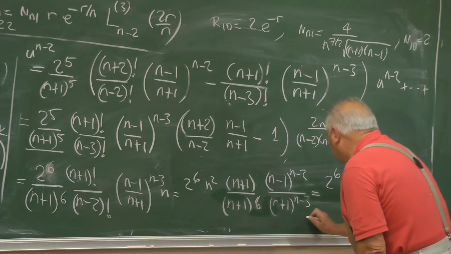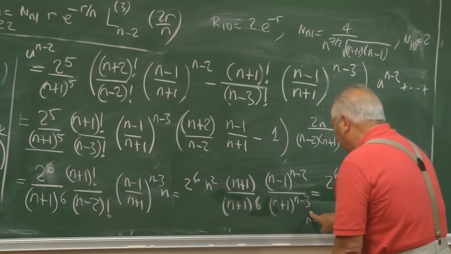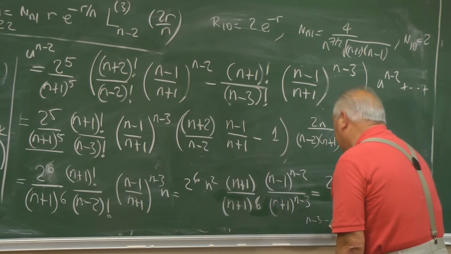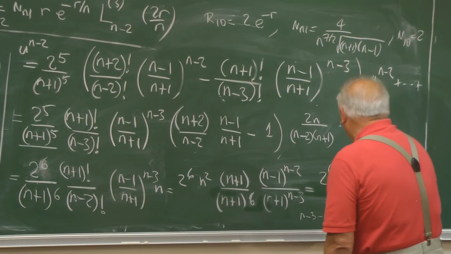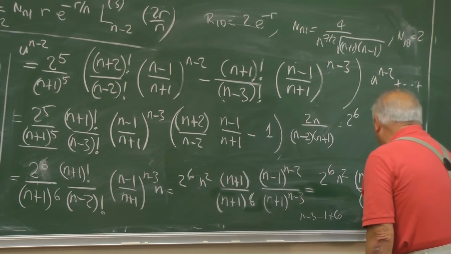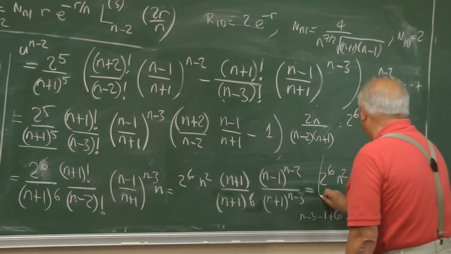Let's look at the power n minus 3. We are looking at the bottom. Minus 1 plus 6. So it is n plus 1, n plus 2. We are finished.